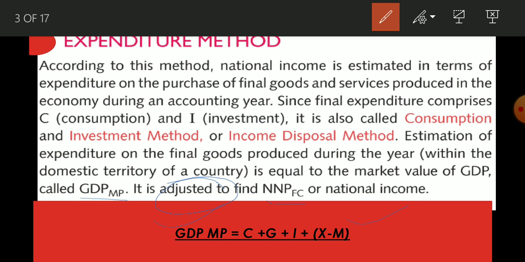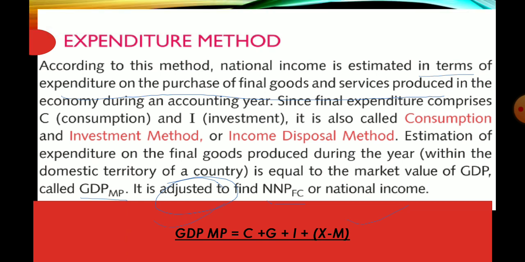Expenditure method estimates national income in terms of expenditure on purchase of final goods and services. Whatever expenditure is done in an accounting year, its market value is considered as GDP MP, and after adjustment we get NNP FC.